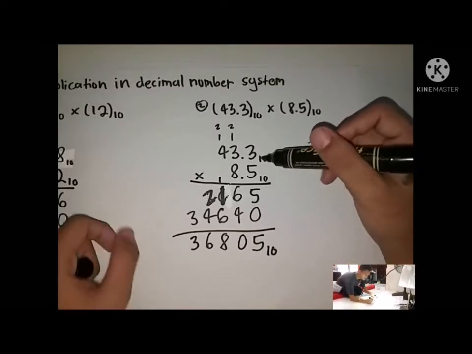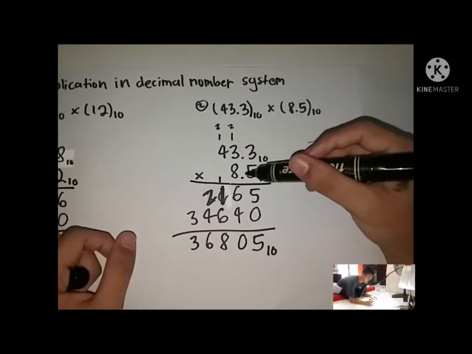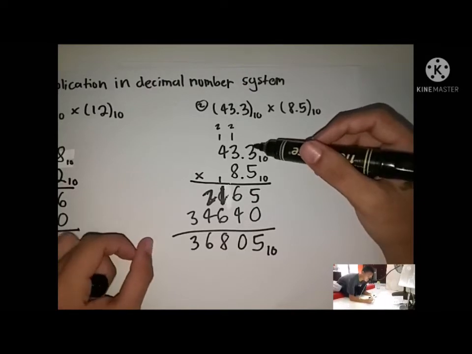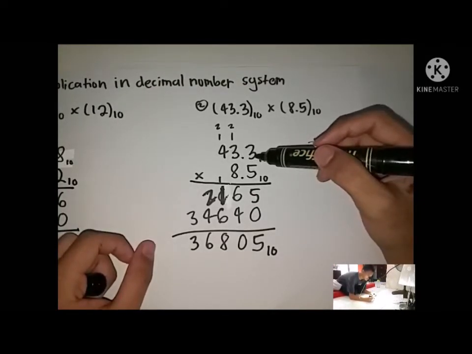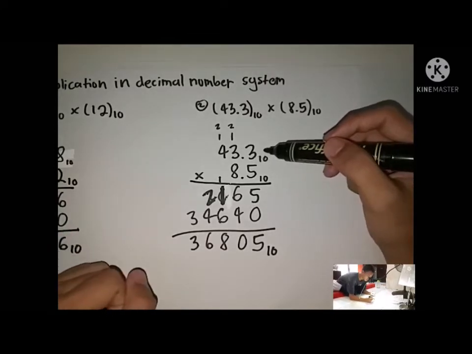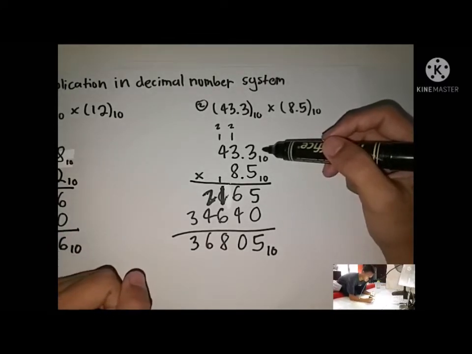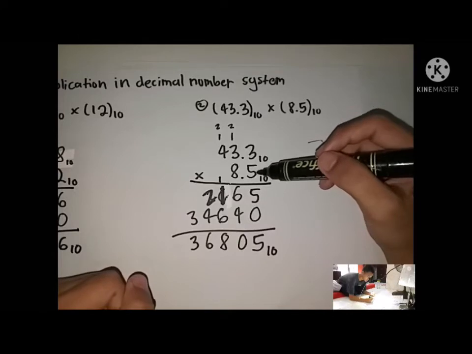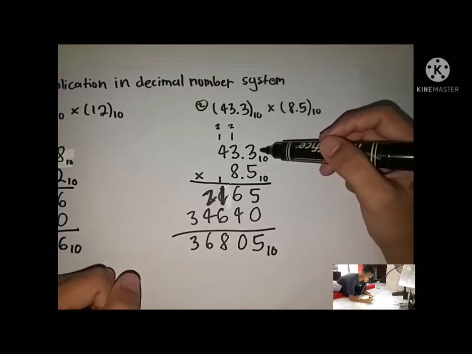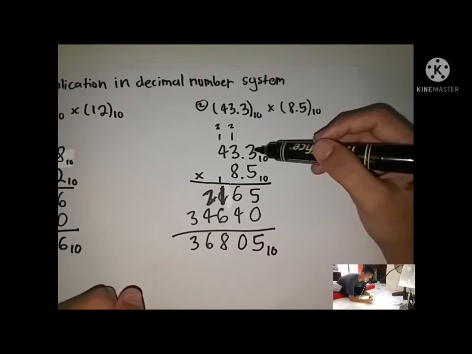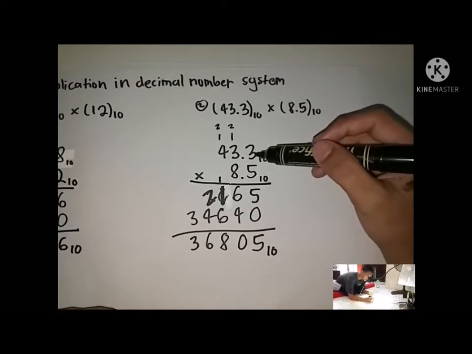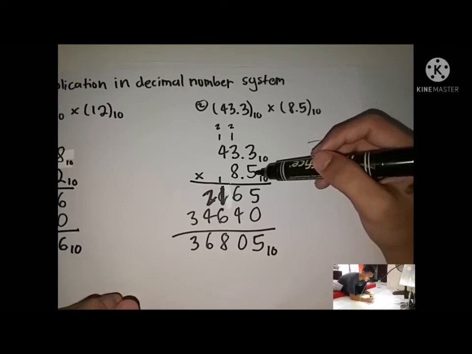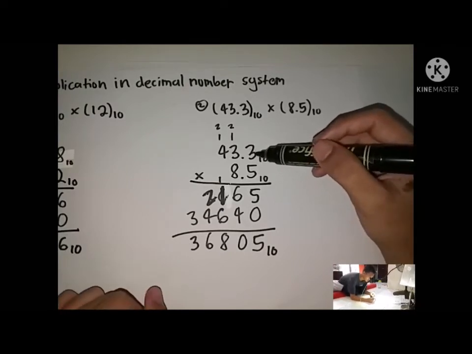So as you can see here, it has a decimal point of fraction. So from the first number, it has only one decimal number to the right. Same also in the second number. So we have 1, 2.